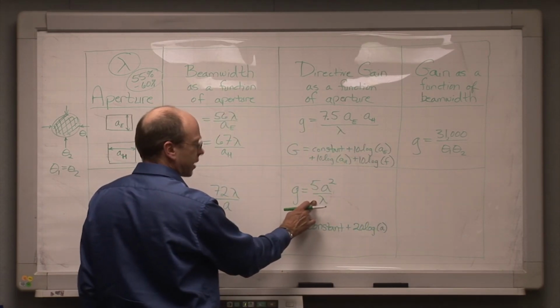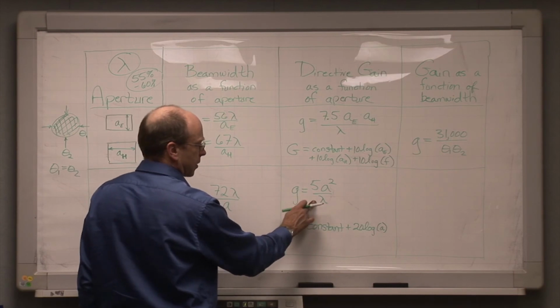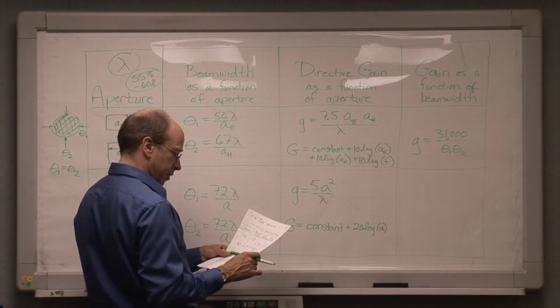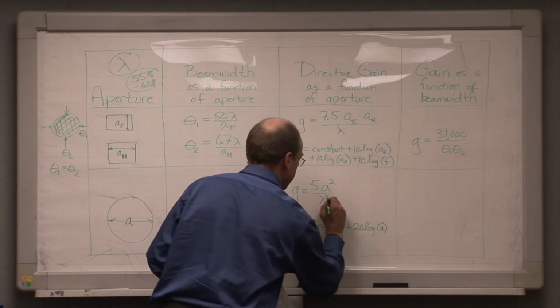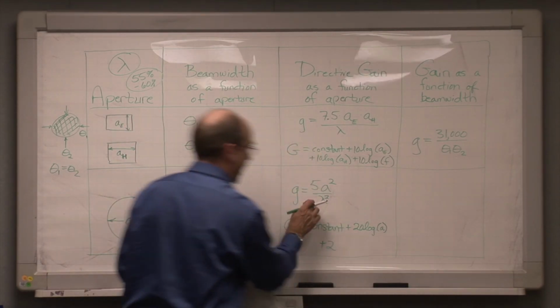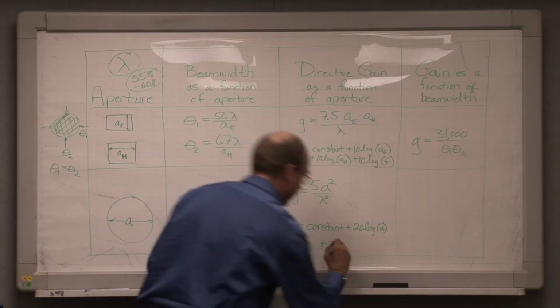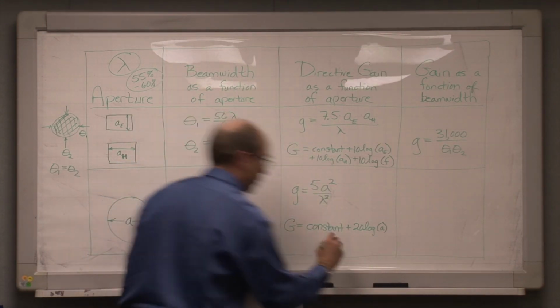It would be minus 20 log of lambda, so it becomes plus 20 log F. Lambda squared here, A squared over lambda squared, so the lambda squared goes to 20 log F.